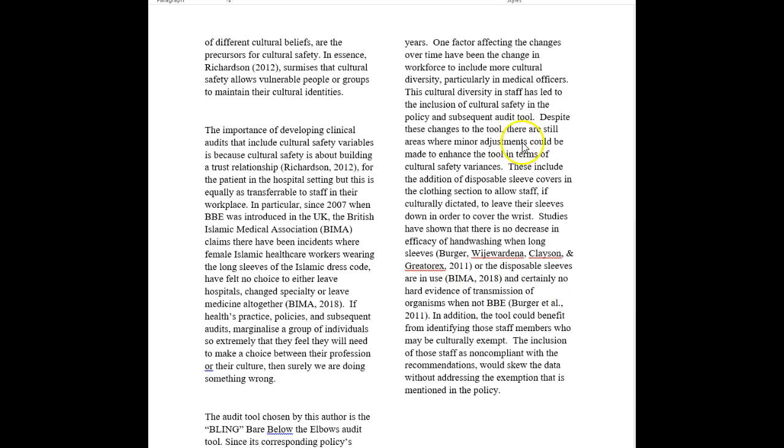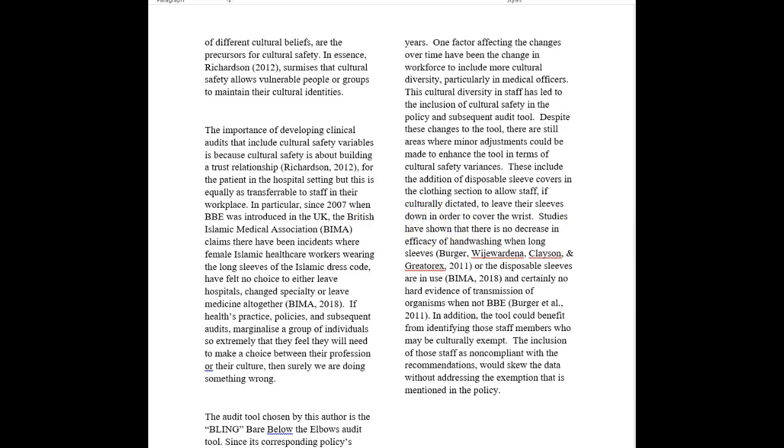The student discusses some good examples. For example, here the student says there are still minor adjustments for cultural safety variables. So the student is using that same example that was used over here, the long sleeves: addition of disposable sleeve covers in the clothing section, if culture dictated to leave their sleeves down in order to cover the wrist.